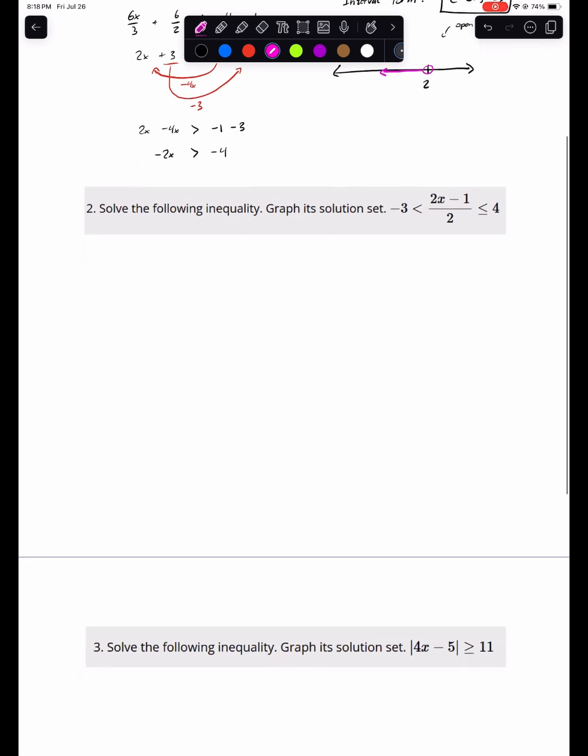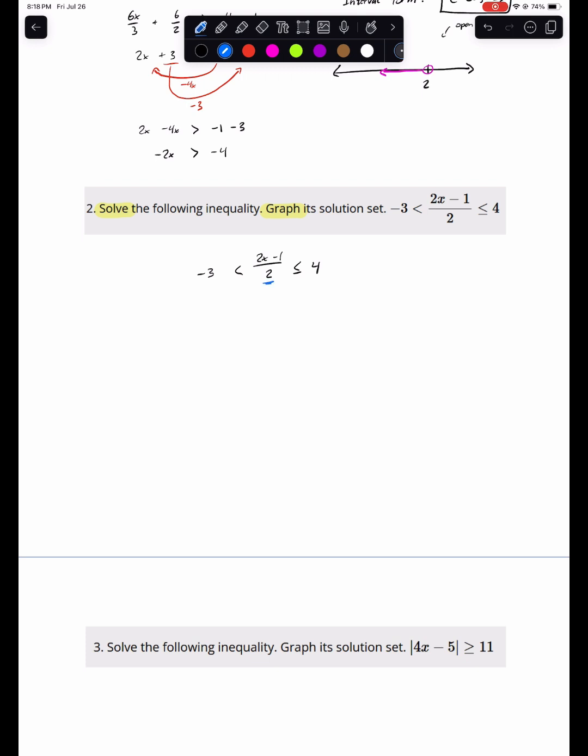Okay, so next question, we're still solving and still graphing. But this time we have 3 different things: a constant on the left, the actual variable we want in the middle, and another constant on the right. First things first is to take care of this 2.